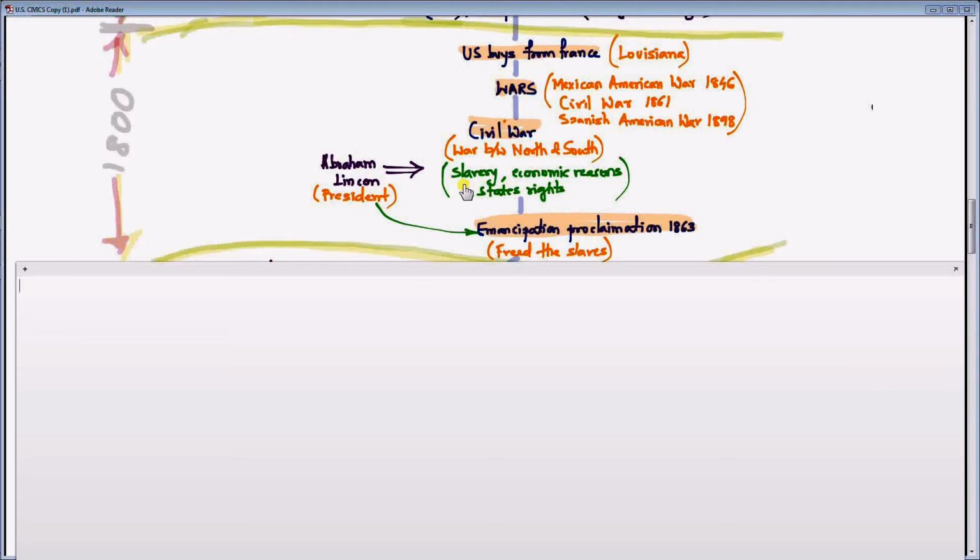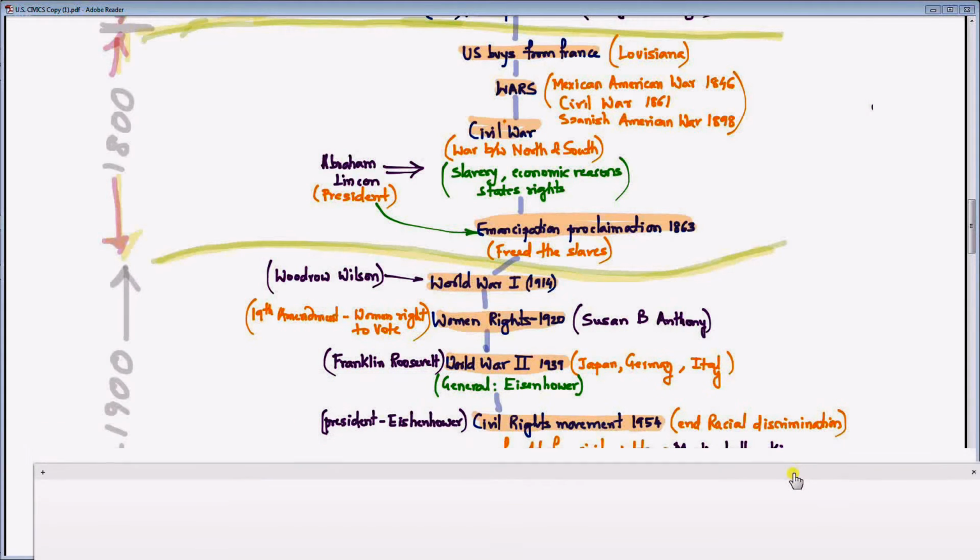The key issues around that war were slavery, economic reasons, and state rights. Abraham Lincoln played a key role in helping us take care of slavery. He helped free the slaves through the Emancipation Proclamation. The Emancipation Proclamation essentially is to free the slaves.